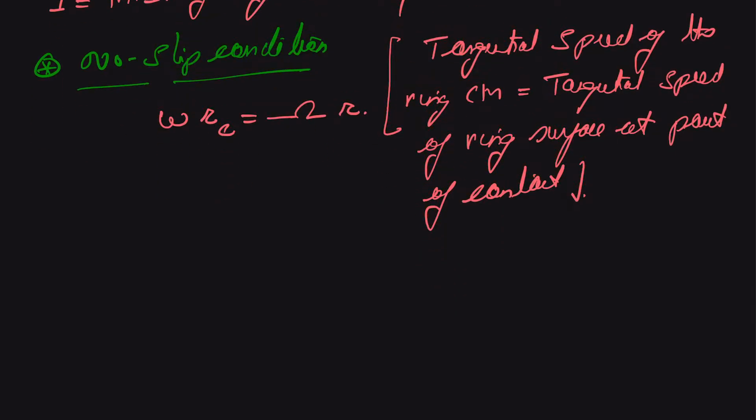And we can also write the equation for the ring spin angular momentum about its own axis.